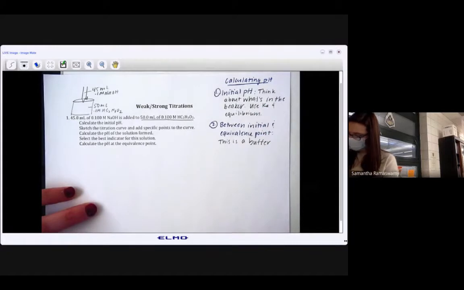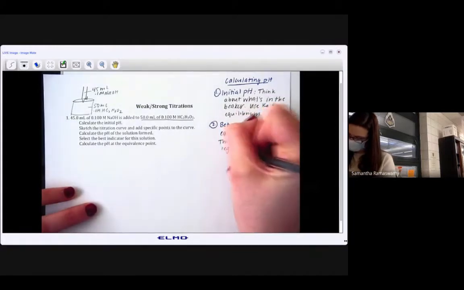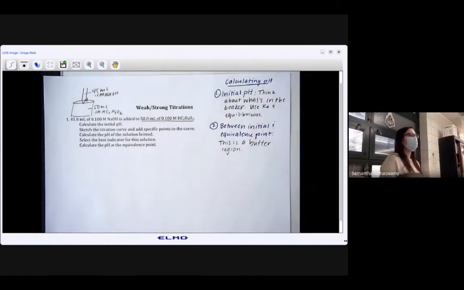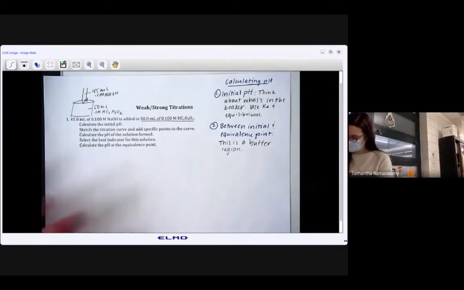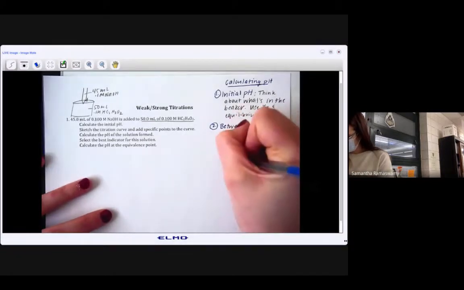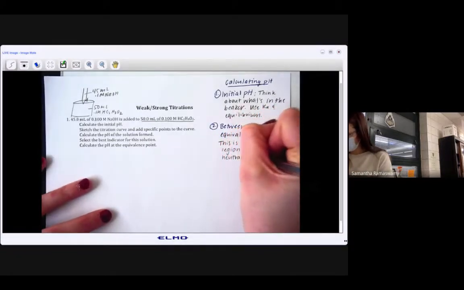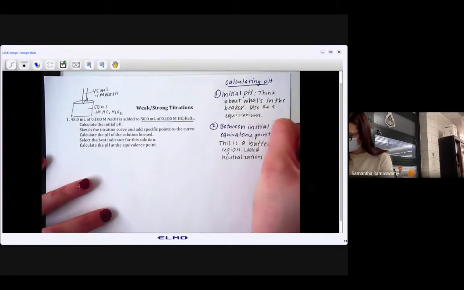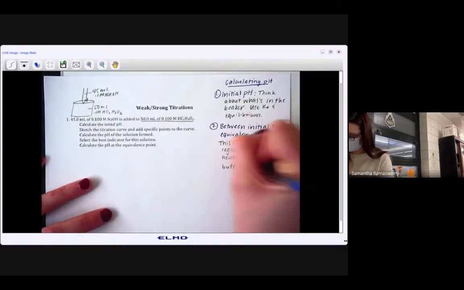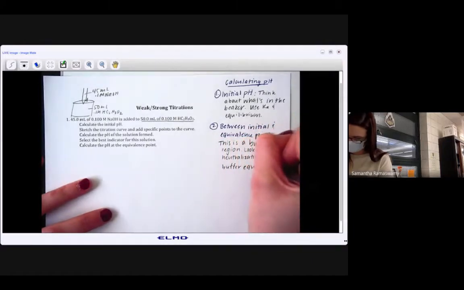So we can think about it as a buffer. So what we need to do is figure out what we have, and we can use the buffer equation. So we'll look at neutralization and use the buffer equation. So this will help us review buffers too.